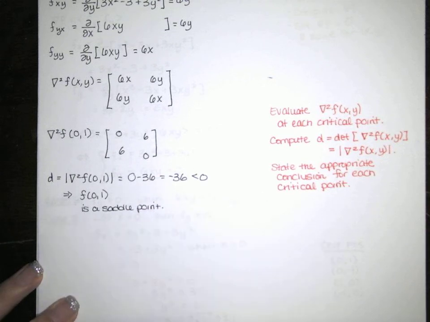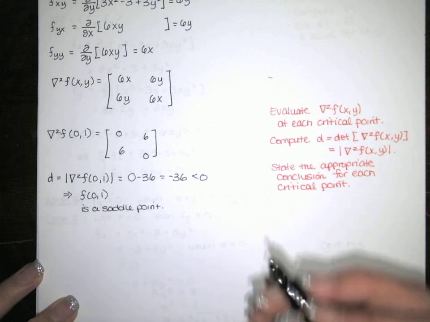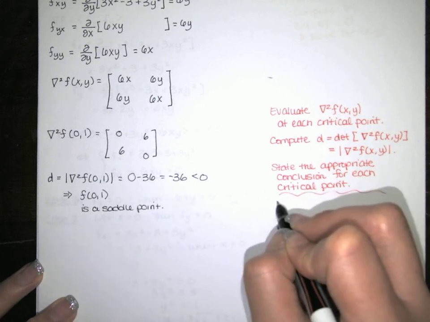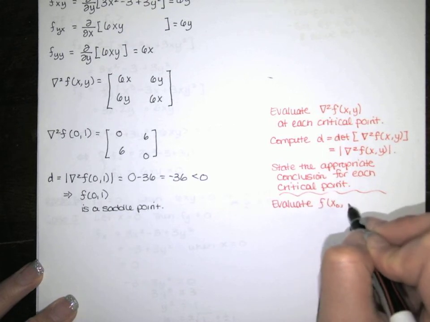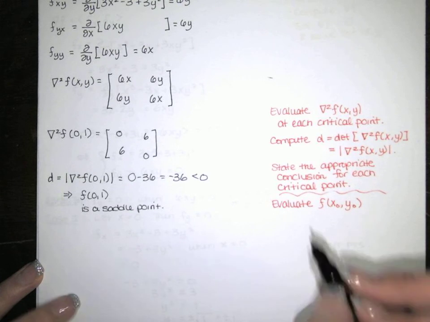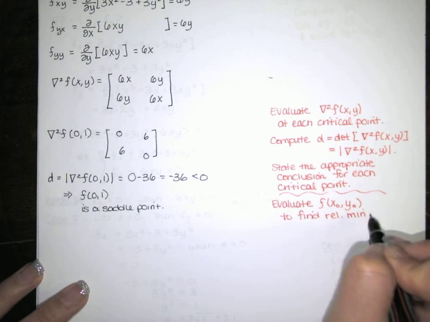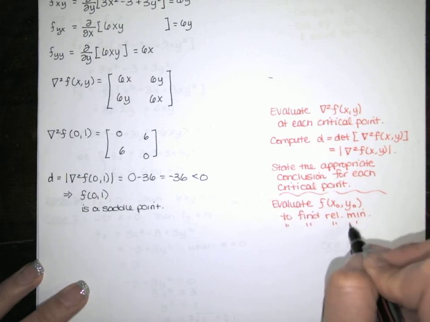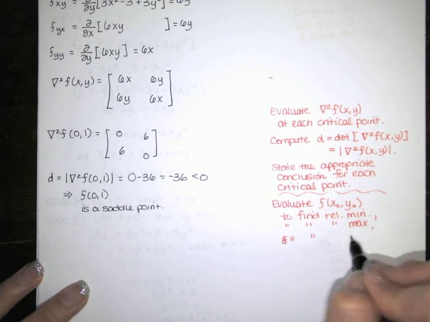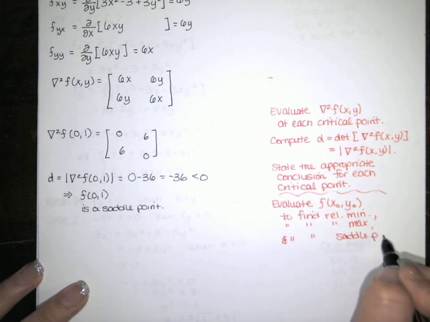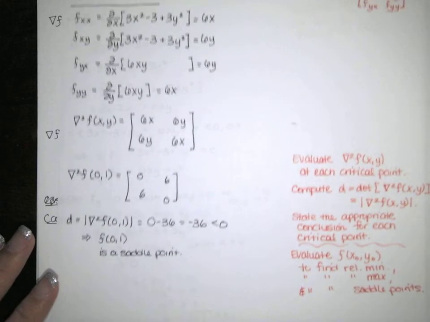Now, to find the value of f of 0, 1, we need to substitute 0, 1 back into the original function. So I'm saying evaluate f at the critical point to find the minimum value, the relative maximum values, and the saddle point. Okay, f of 0, 1 is a saddle point, and let's look at our original function.